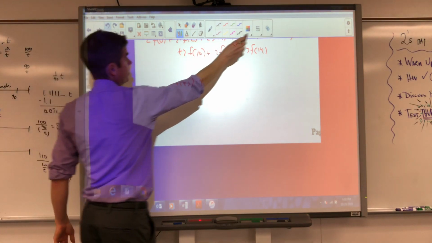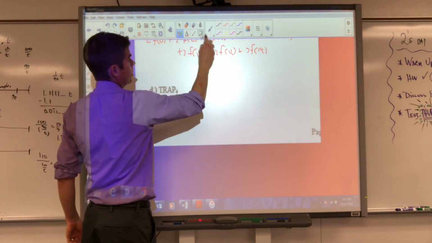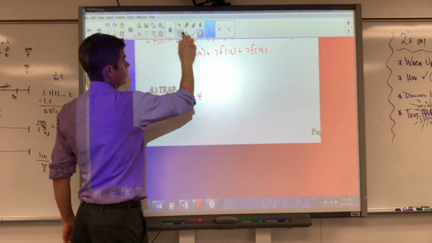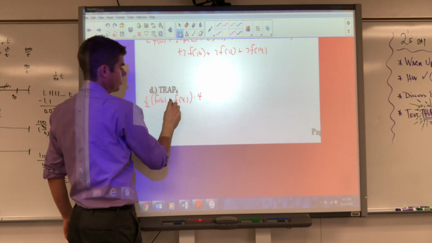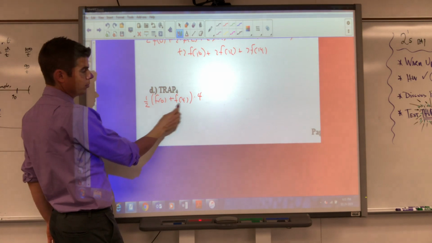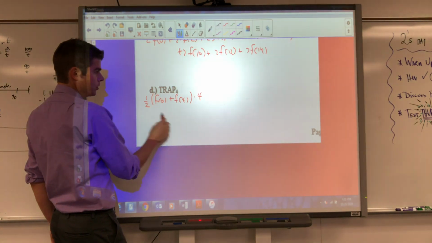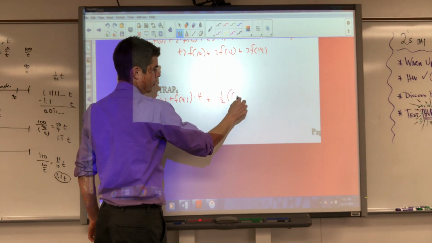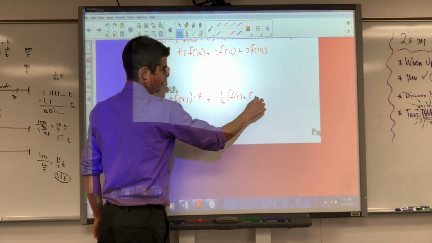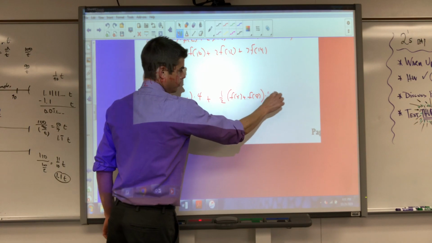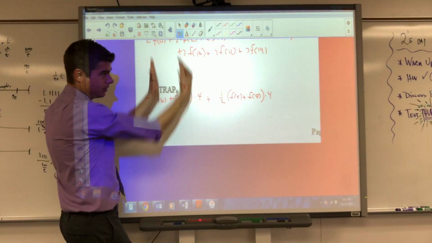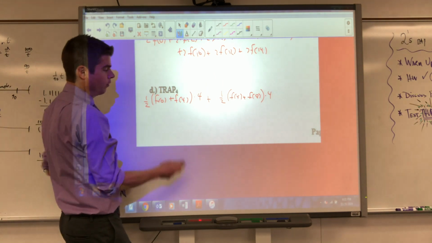Let me clean that up just a bit. Okay, so f of 0 plus f of 4 times 4 over 2, plus, next trapezoid, 1/2 f of 4 plus f of 8 times 4. Because again, that's our width between the two heights, so to speak, which is the height in the formula.